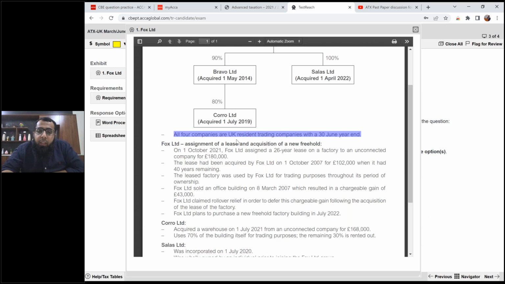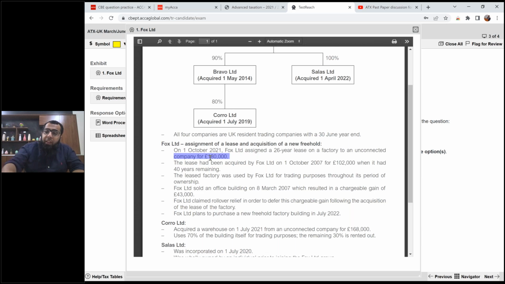Okay. Fox Limited, assignment of lease and acquisition of a new freehold factory. On 1st October 2021, Fox Limited assigned a 26 years lease on a factory to an unconnected company for 180,000. This means it disposed of a lease.